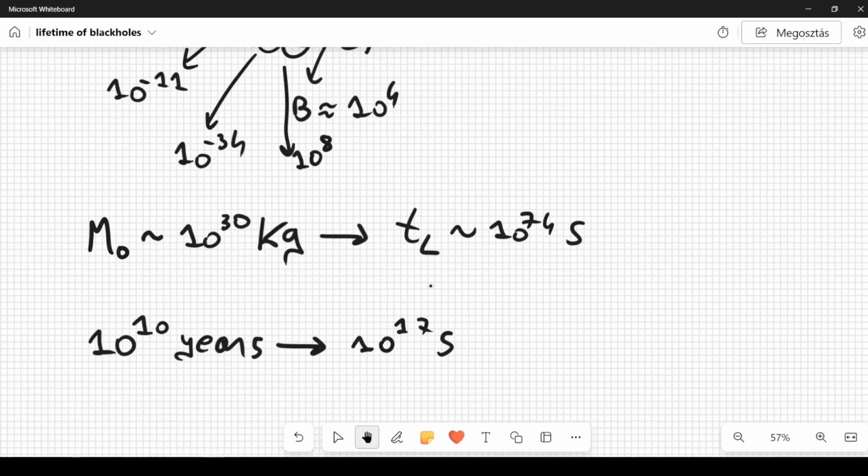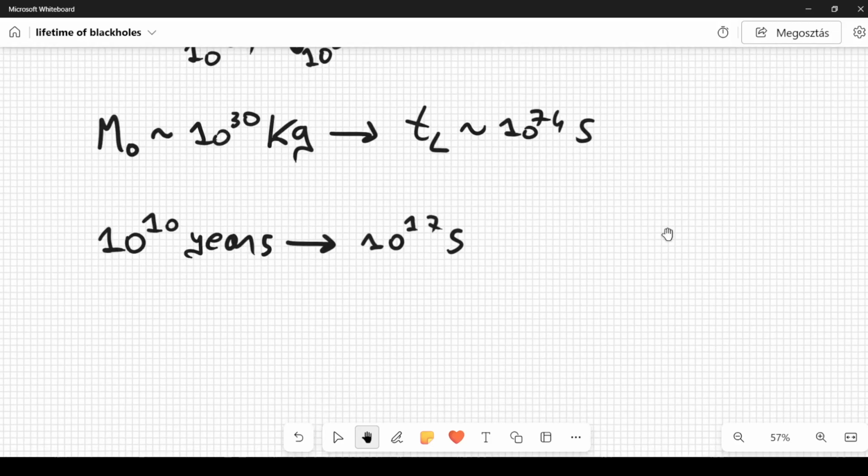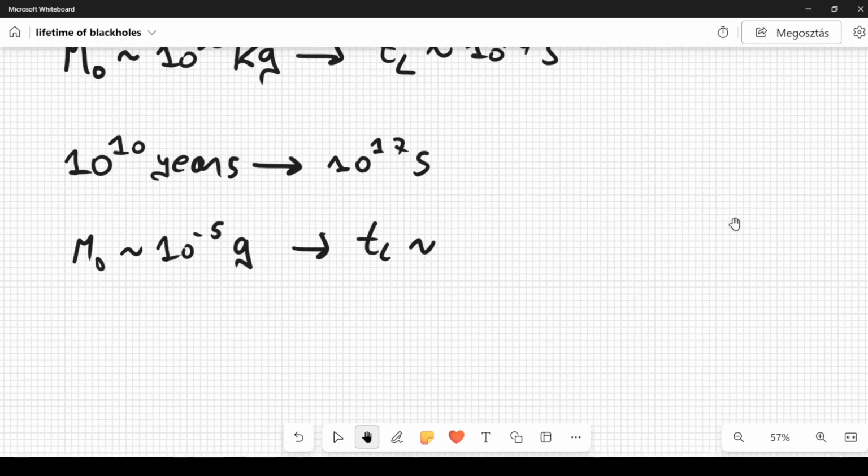And how about if we take the initial mass of the black hole to be much smaller than the mass of the Sun? For example, we can take m0 of the order of a fraction of a gram, for example 10 to the minus 5 grams. So this is a very small black hole. If we do the calculation for T_L, the calculation is very simple, because 10 to the minus 5 grams would be 10 to the minus 8 kilograms.